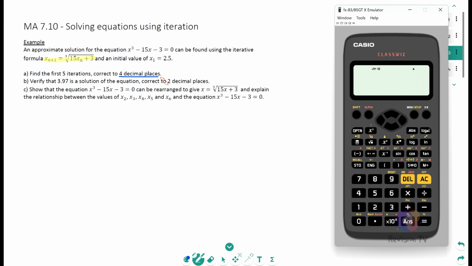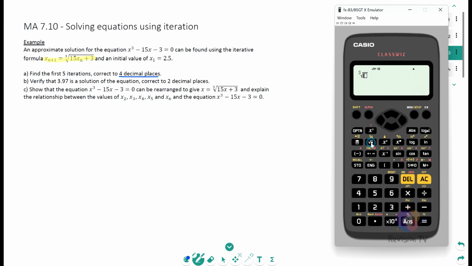Anyway, so we start off with x1 equal to 2.5. So as I said, first step, put in the initial value and then press the equal sign. So we are storing this value in the calculator as the previous step. Next, we're going to type in the formula, but replace xn with the answer button. So cube root to begin with.